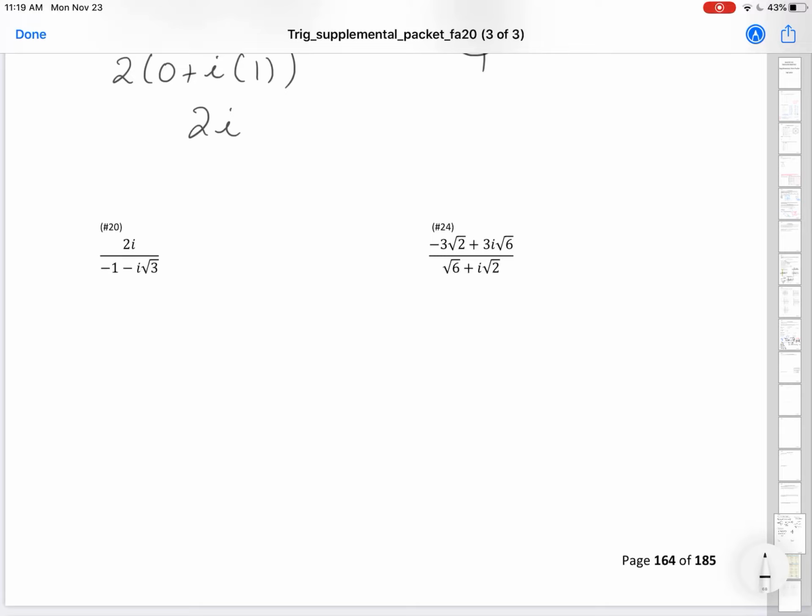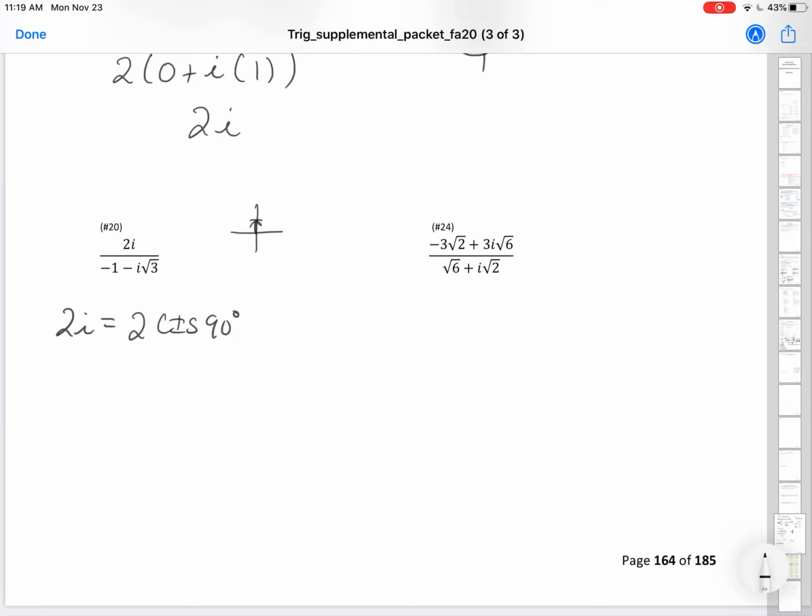They don't want you to rationalize the denominator and come up with it that way. They would rather you work with the translation. So the first thing that we need to do is translate these. You know where 2i sits. 2i sits right here. So what's 2i? It's 2 CIS 90 degrees.